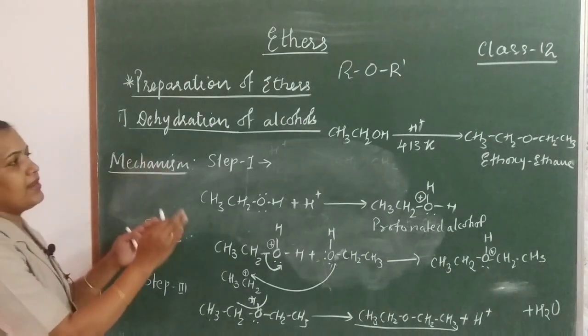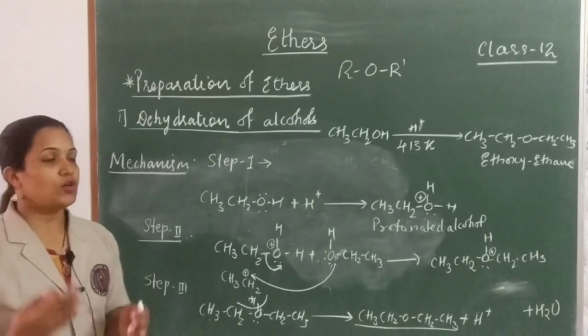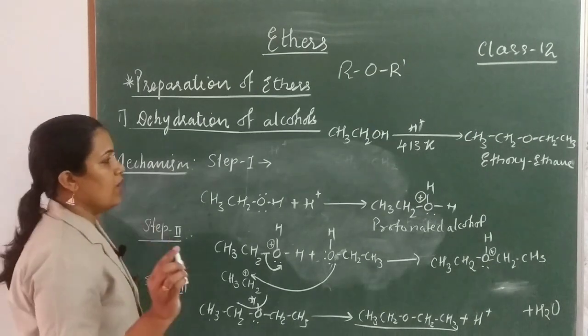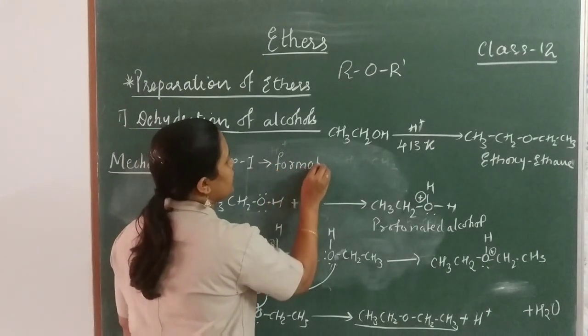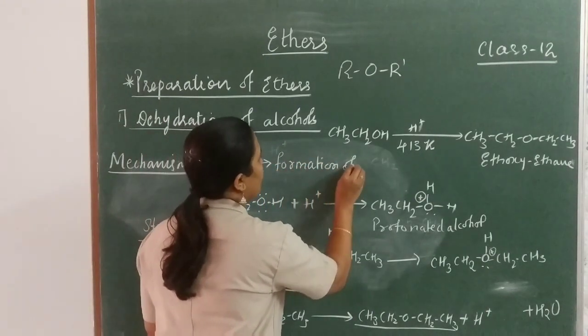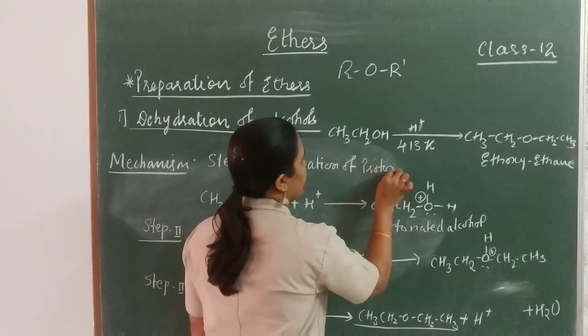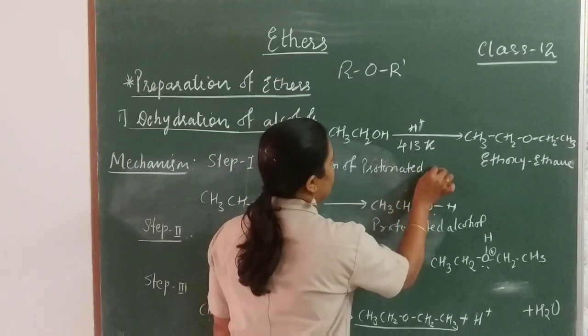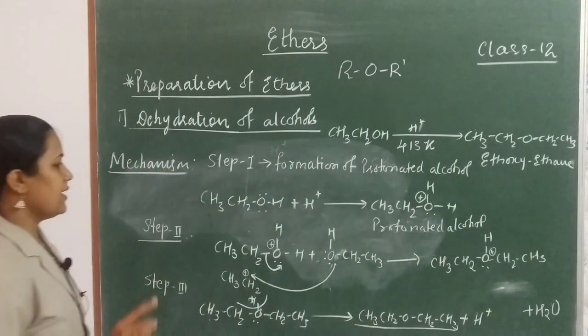So student, in the dehydration of alcohol, we have studied 3 steps. What are those 3 steps? The first step is the formation of protonated alcohol. What is the second step?